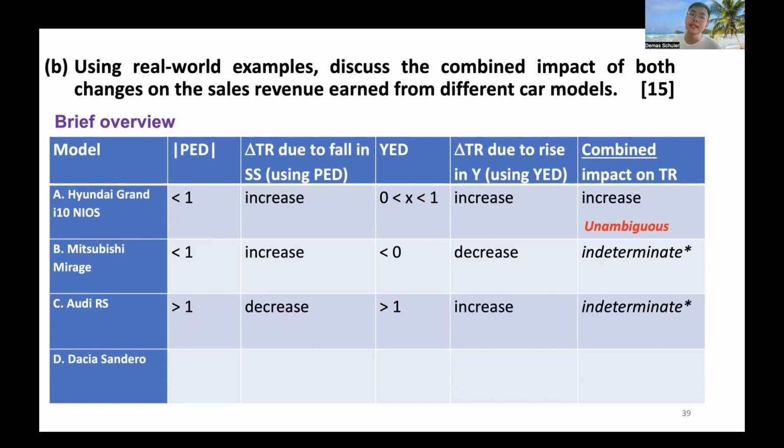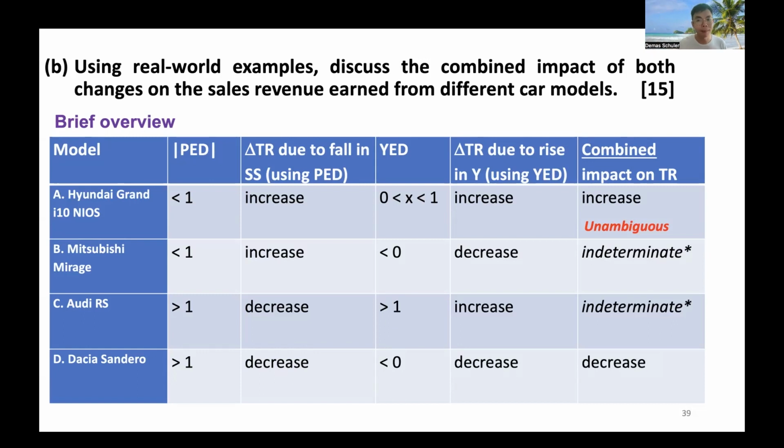Finally, Model D, the Dacia Sandero, which is really popular here in Germany, I think. PED is greater than 1 in magnitude, so total revenue would decrease. YED is less than 0, meaning that, like the Mitsubishi Mirage, it's an inferior good, so total revenue would decrease.